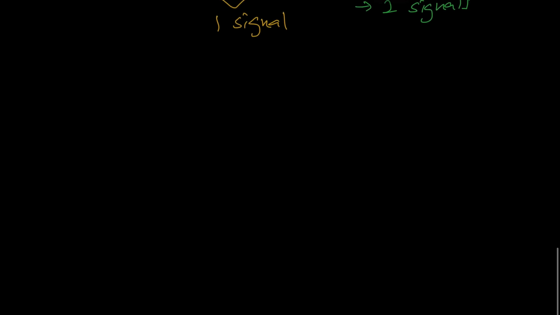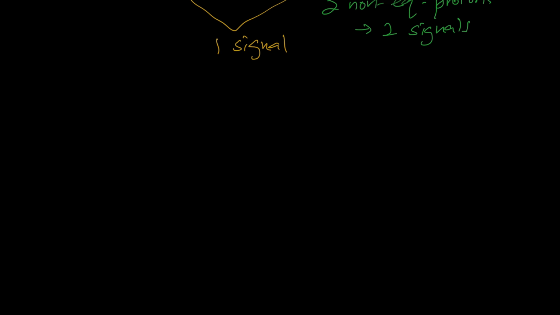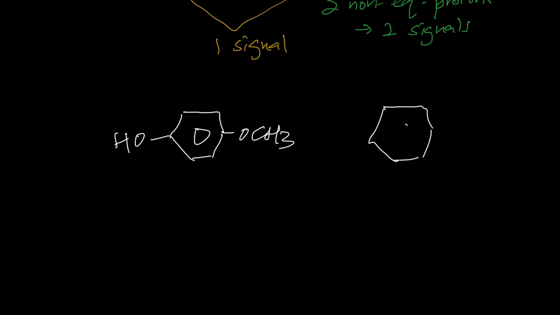Now maybe I give you an aromatic compound. So you have an aromatic compound with two substituents here. You have OH. If you look at this aromatic compound, it's actually something like this. You have X and Y. Remember that here you have hydrogen, here you have hydrogen, the aromatic protons.